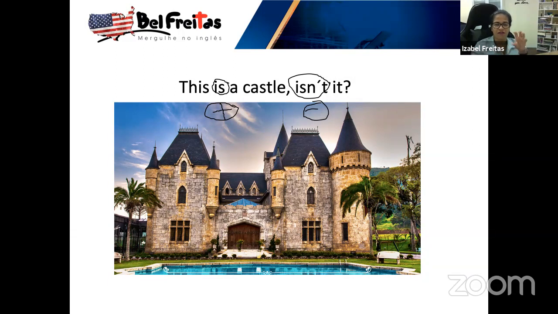We have the first part, affirmative or negative? Affirmative. The second part, negative, because the tag question is always the opposite. Affirmative in the first part, tag question is negative. Verb to be in the first part, verb to be in the second part.